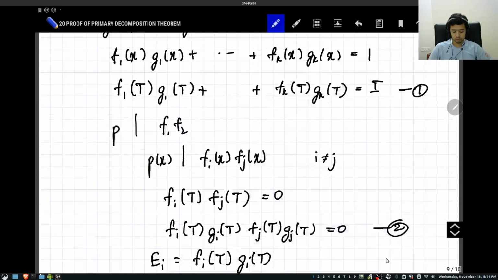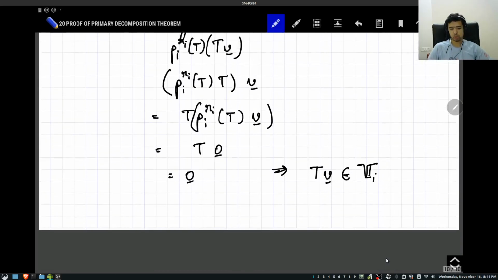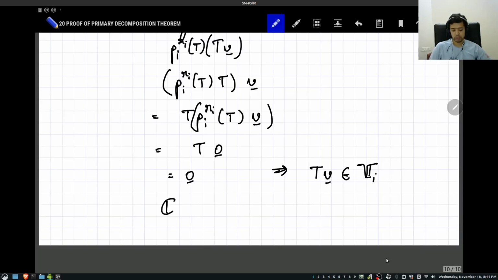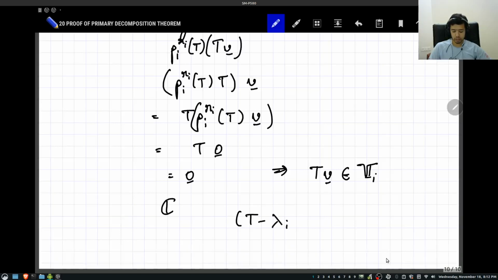So overall what we've shown is that although not every matrix is diagonalizable, every matrix is certainly similar to a block diagonal matrix, and each block corresponds to a T invariant subspace. So if for example you're dealing with the vector space Cn, then each of the Vi's corresponds to the null space of T minus lambda I raised to some Ri, right?